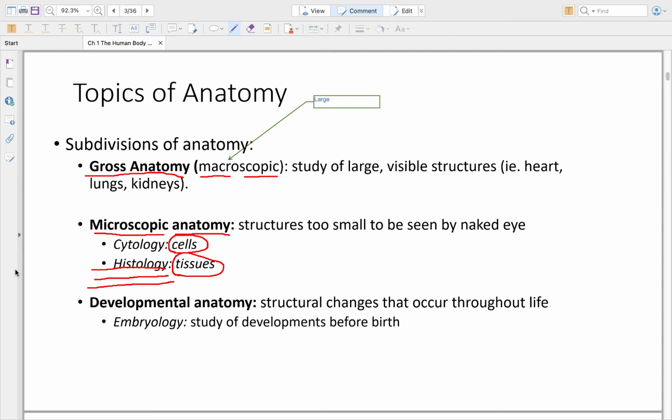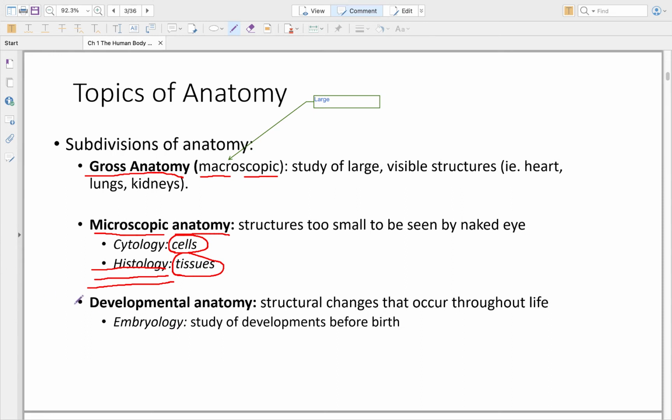So I can't teach you the cardiovascular system and the nervous system or even the skeletal system without first teaching you the cellular structures, and then we'll move to the next level, which is the tissue structure. So just keep that in mind. All of this is the groundwork and the frame for understanding gross anatomy. We have to understand microscopic anatomy, then we move to gross anatomy.